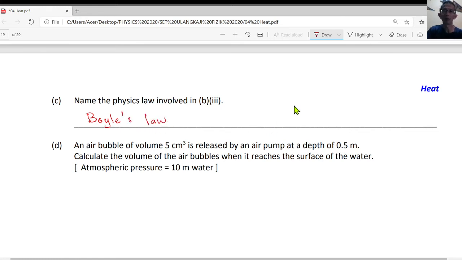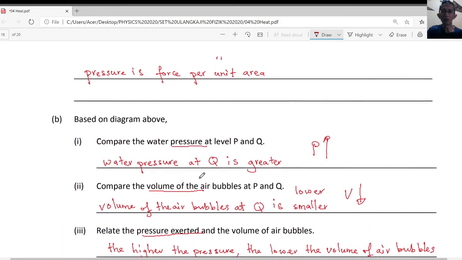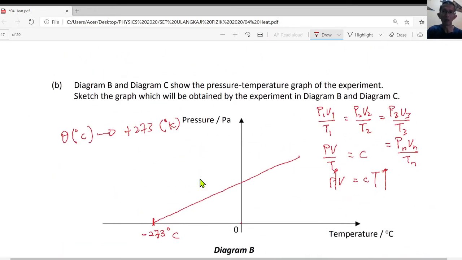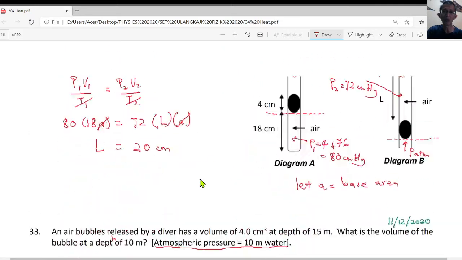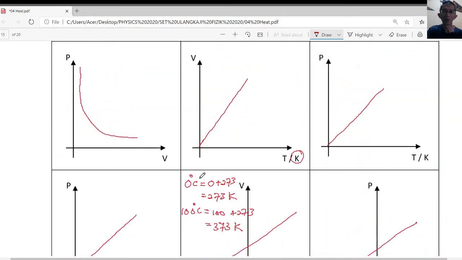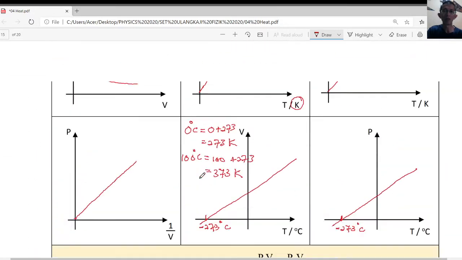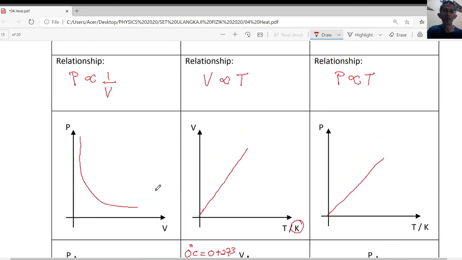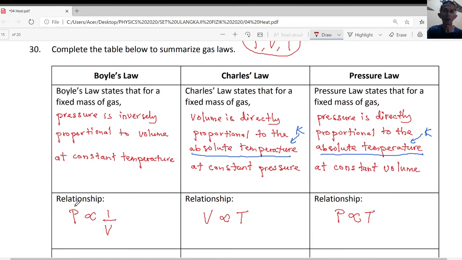If we go up to page 15, pressure and volume, that will be Boyle's law. Volume and temperature, that will be Charles' law.